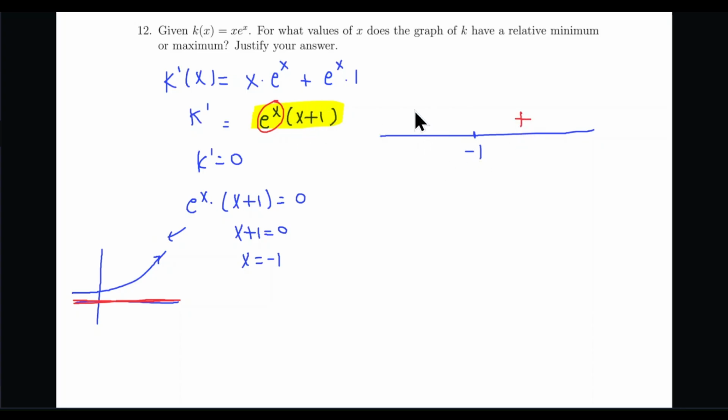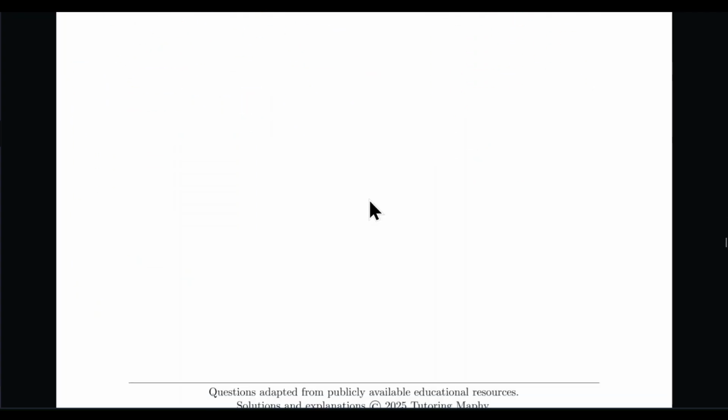Anything on the left, maybe -2 or -100, that's going to be negative. So they're asking for what values of x it has relative extrema. Okay, so it has relative minima, not maxima, at x equal to -1. So please make sure you have that as minima, not maxima.